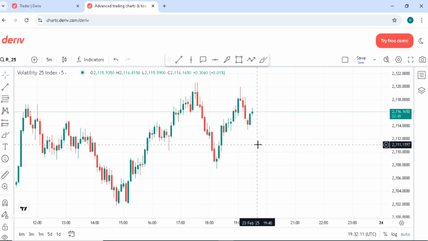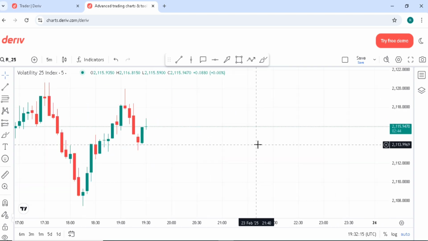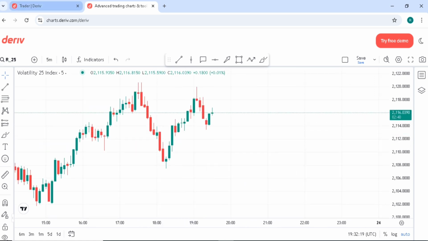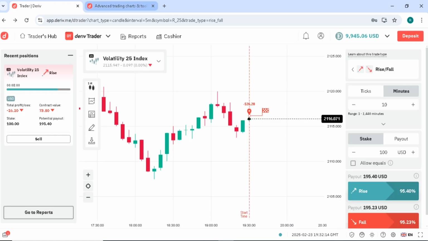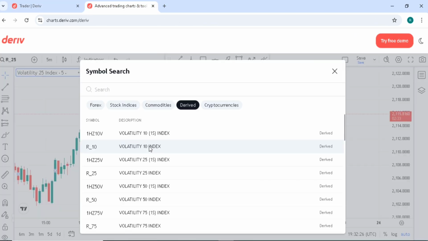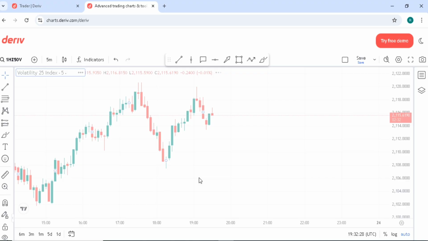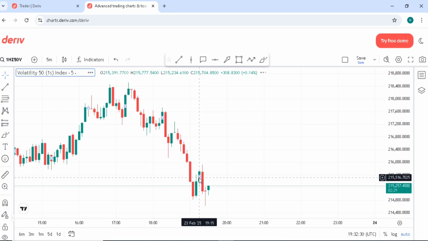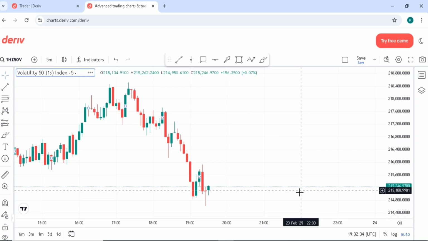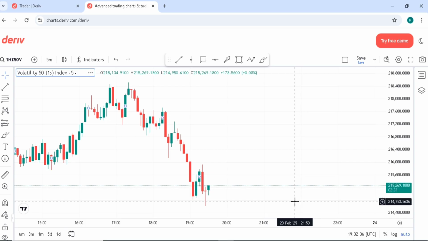So this one looks okay. This is the one we are trading right now. 825. Oh yes, this is a morning star that is being formed here, so let's wait for it.